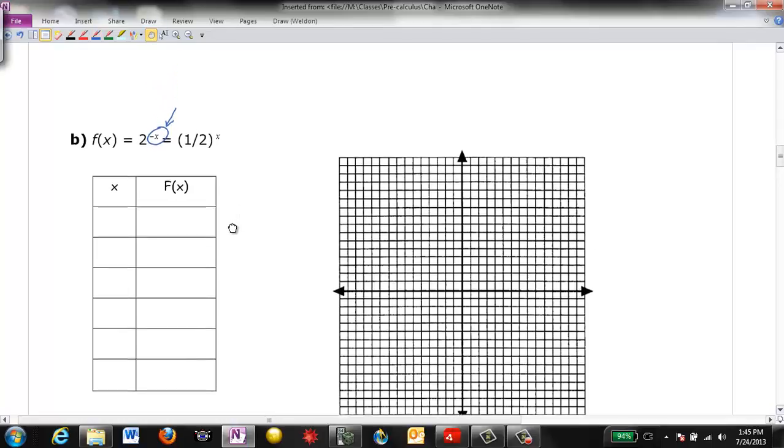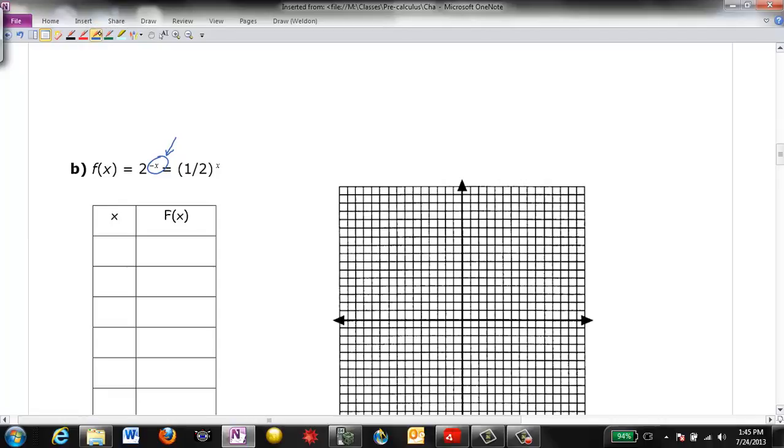So how do we get this (1/2) to the x from 2 to the negative x? Well, let's go back to algebra real quick. Let's take a look at 2 to the negative x. Recall that negative x is actually the same thing as negative 1 times x. And you might also recall from Algebra 1 the power to a power property.